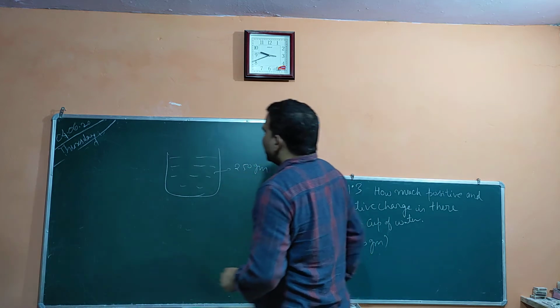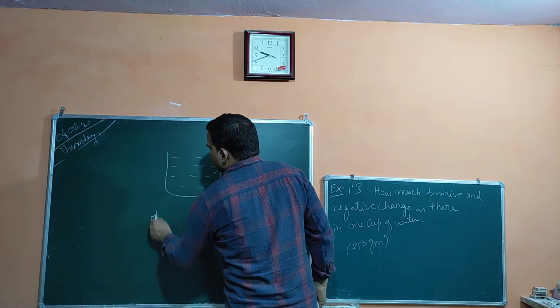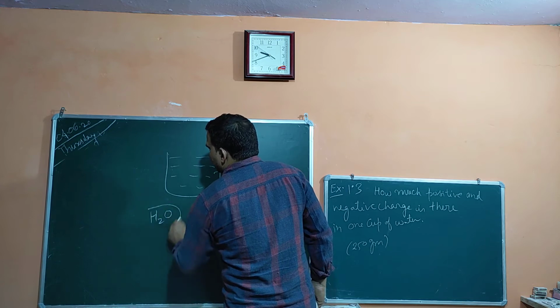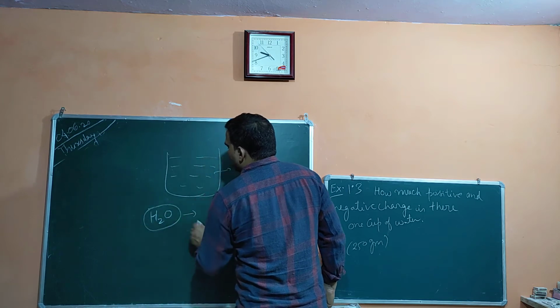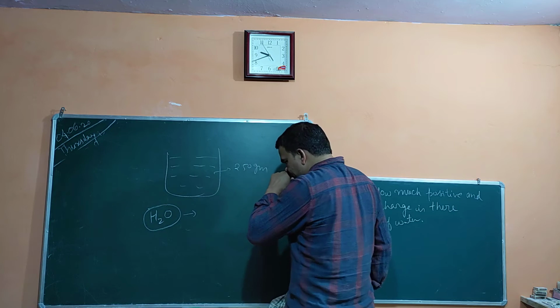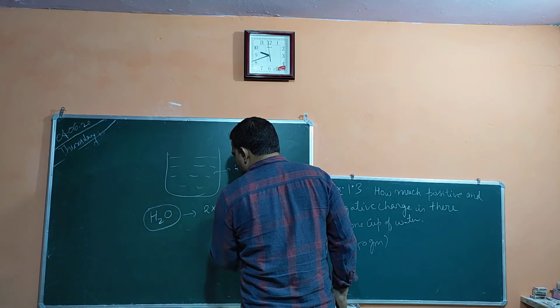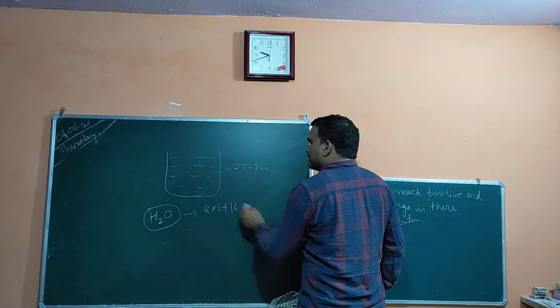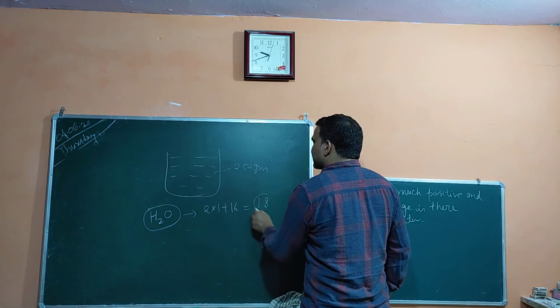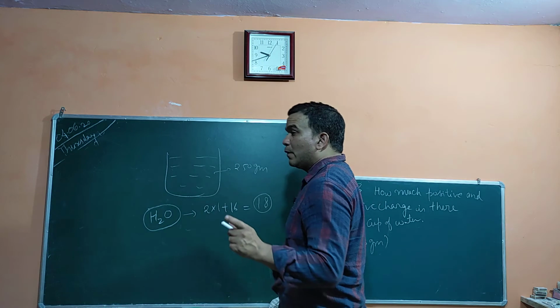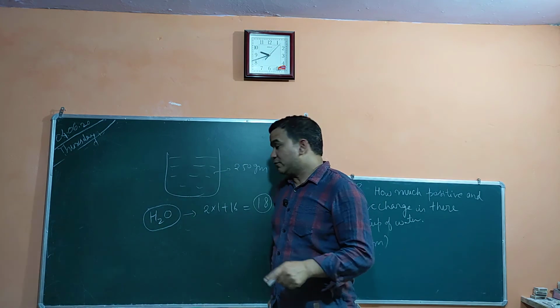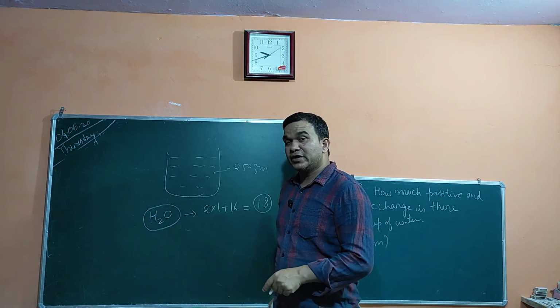So at molecular level, as we know, H2O has atomic weight 2 into 1 plus 16. So its atomic weight is 18. What would be the weight of 1 mole of water?